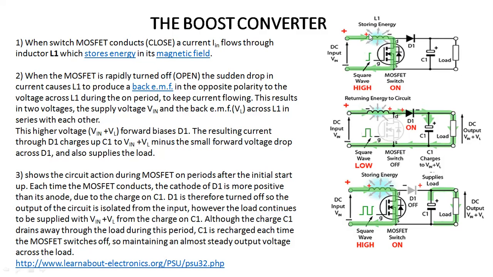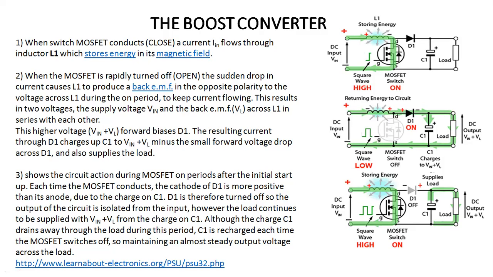So here we are changing the places of the switch, inductor and the diode in the boost converter, because here we are supposed to increase the voltage at the output. So this is the basic diagram for the step up voltage regulator, or we can say the boost converter.